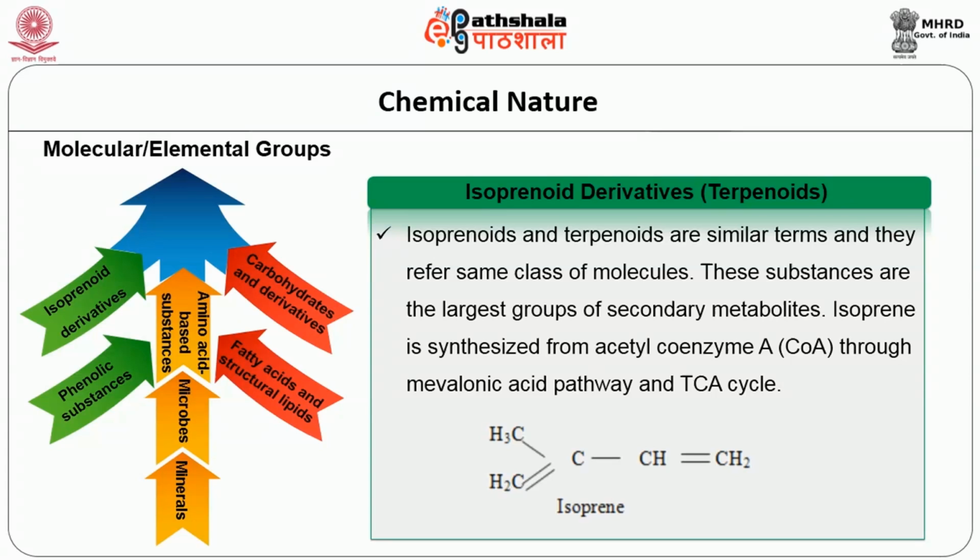This group is also referred to as isoprenoid derivative because the principal building molecule is isoprene. This isoprene is synthesized from acetyl coenzyme A through a mevalonic acid pathway and TCA cycle. Now, look at this structure of isoprene.